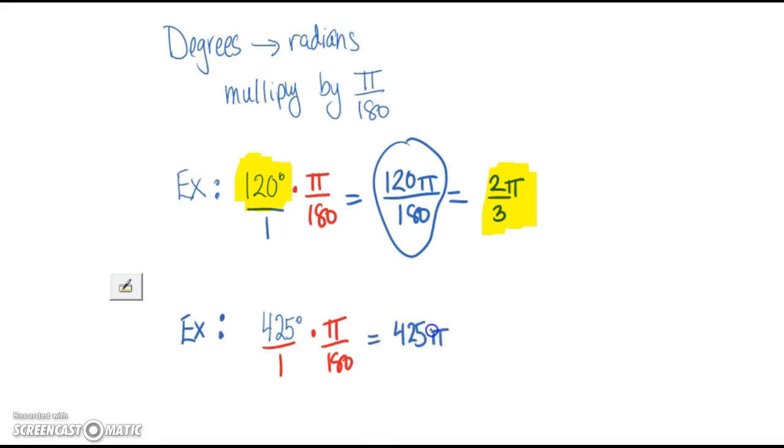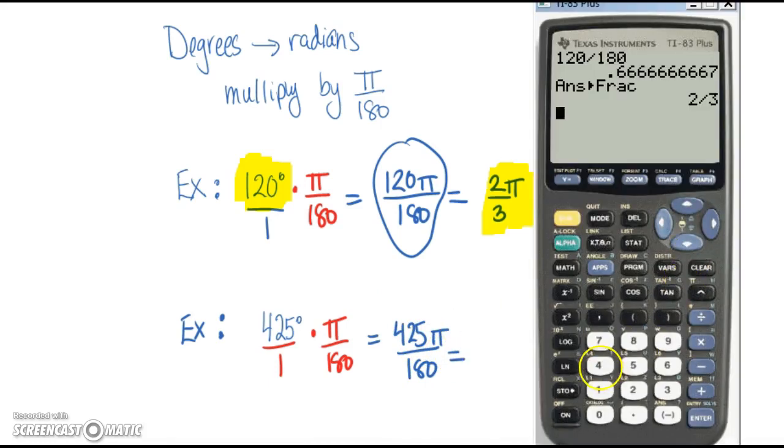425 pi over 180. Now you can think about what common factors are there between 425 and 180 to reduce, or again you can take out your calculator. 425 divided by 180. You're going to get a decimal. And then let's convert that. So hit math. Let's convert that to a fraction.